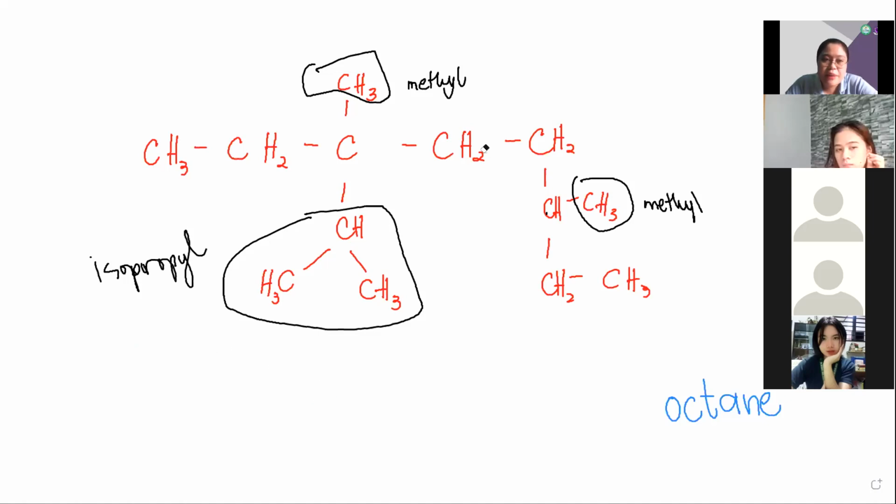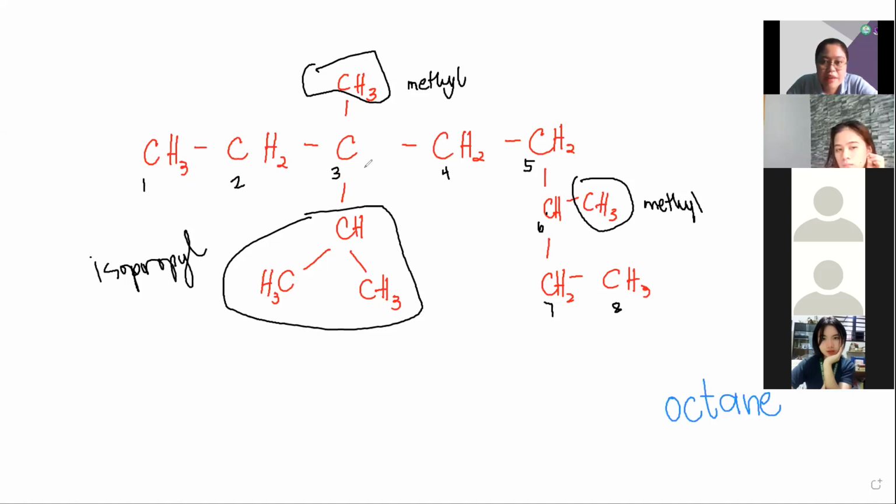So among the three, we have isopropyl and the methyl. Isopropyl will be the first one in the naming. Thus, since siya yung mauuna in the naming, you will choose this as your carbon number 1. Yan yung sinasabi ko na kapag magkapareho lahat-lahat ng substituent, doon ka magka-carbon number 1 sa pinakaunang substituent na isusulat natin sa naming. Hindi tayo magka-carbon 1 dito kasi methyl will be last in the naming.